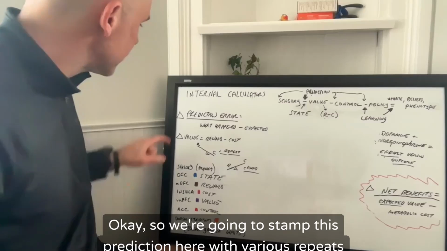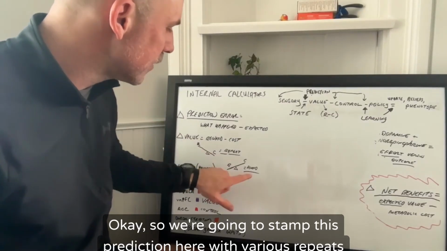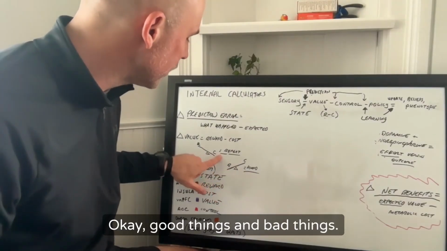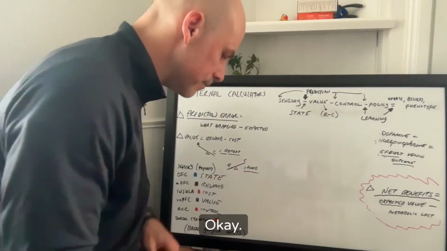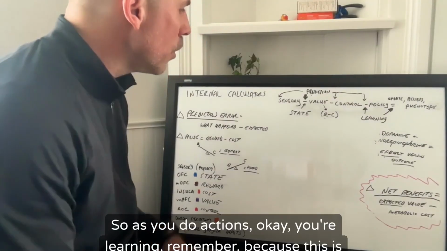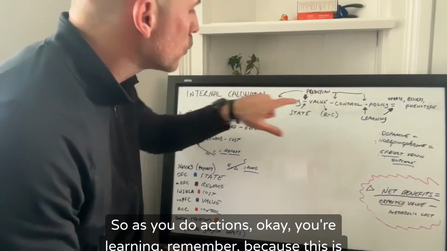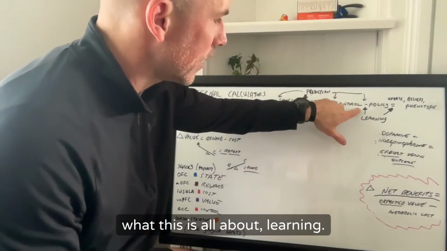So we're going to stamp this prediction here with various repeats and avoids, okay? Good things and bad things, okay? So as you do actions, you're learning, remember, because this is what this is all about, learning.